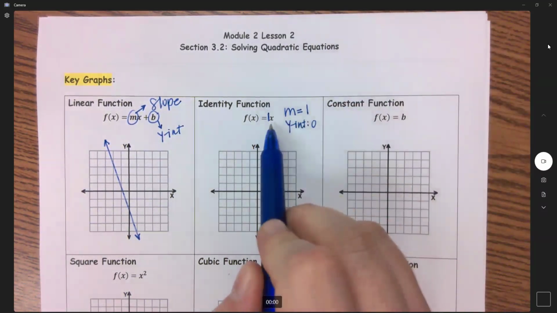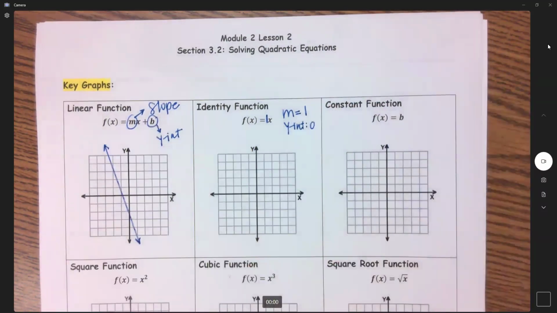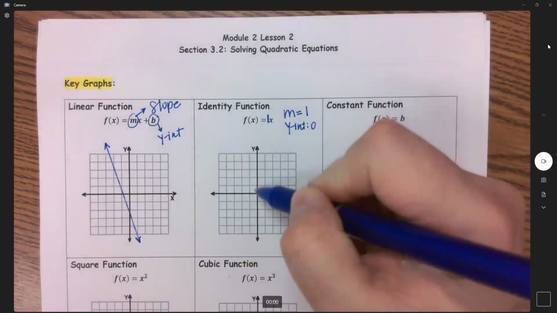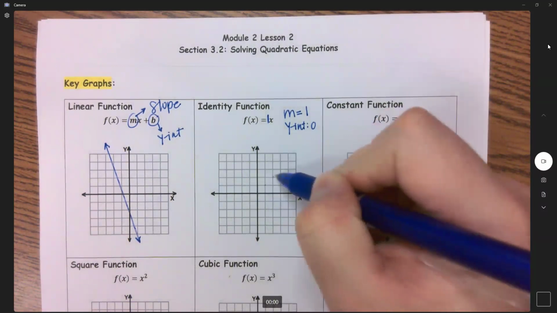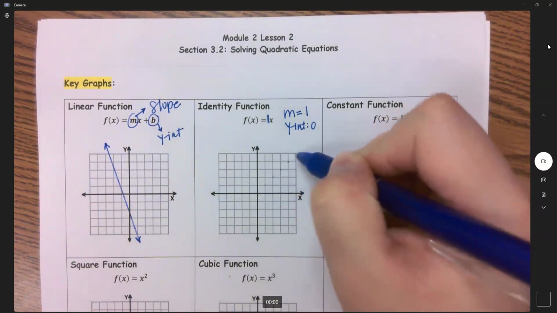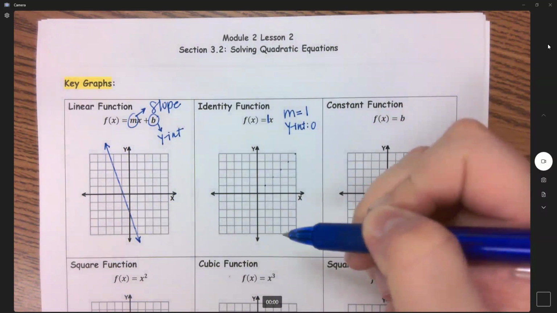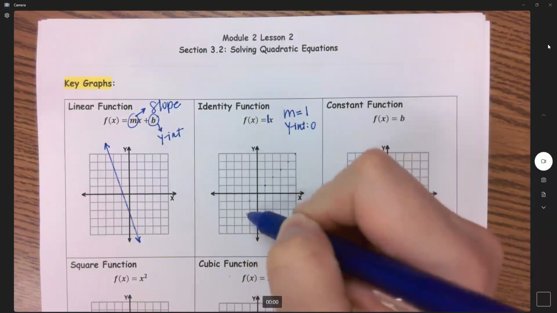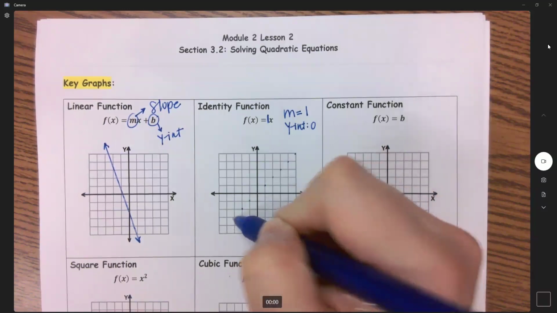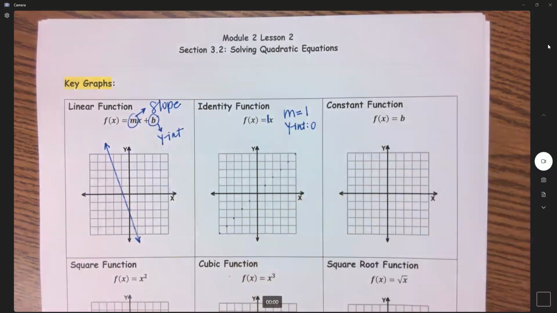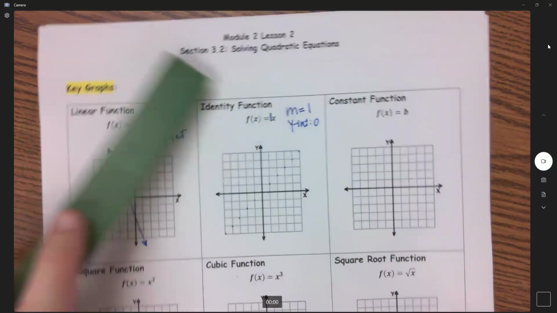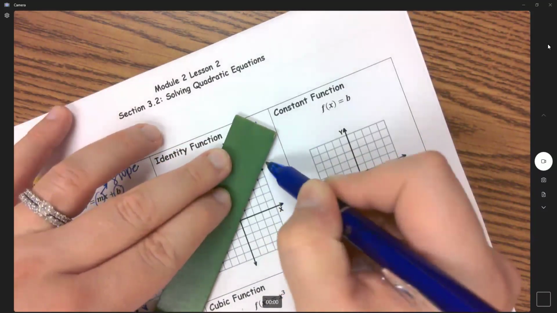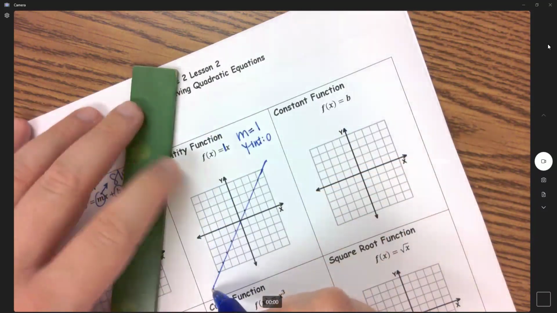That's the same as x plus 0. So my y-intercept starts at the origin, and then it's going to go up 1 over 1, up 1 over 1, and basically it's just going to move diagonally here. Then if you go in the opposite direction, it goes down 1, left 1, down 1, left 1, and so on, and it again moves diagonally. So I'm going to graph this basically from corner to corner through that origin.